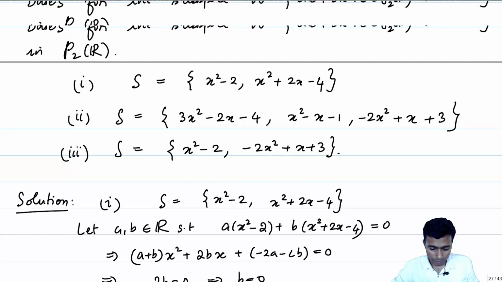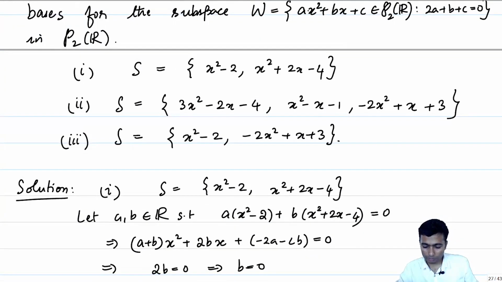Okay, so now let us come to problem number 3. Problem number 3 has 2 vectors, x square minus 2 and minus 2x square plus x plus 3. Yes, so this is a subset of W which consists of 2 vectors. We would like to see whether it is a basis.